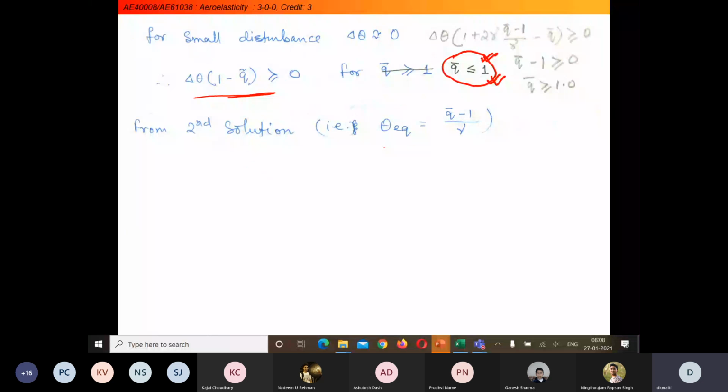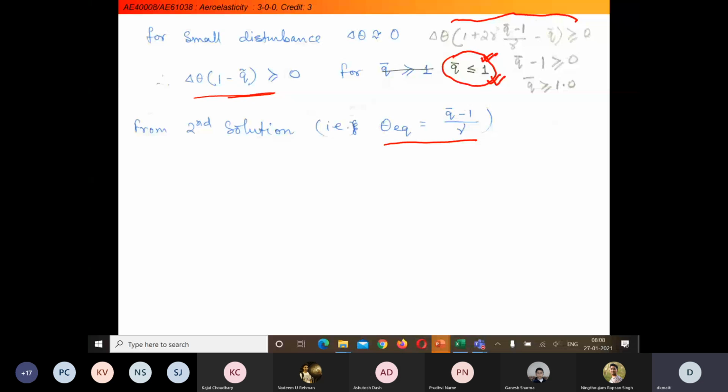I have shown one more derivation here. This is for the other part: delta theta multiplied by 1 plus twice gamma theta equilibrium plus gamma delta theta minus q bar.